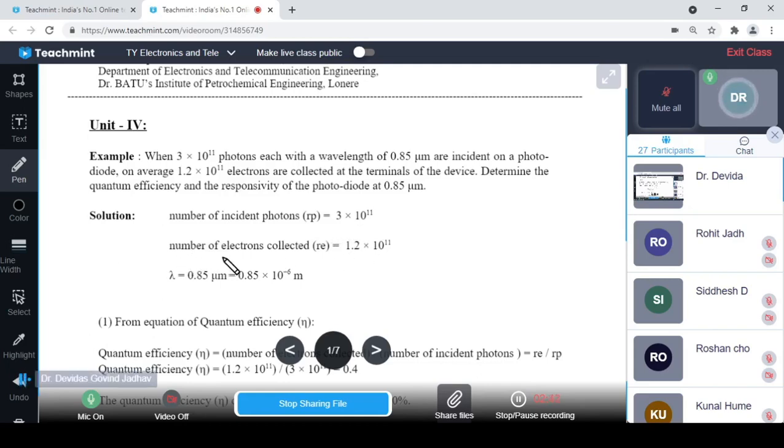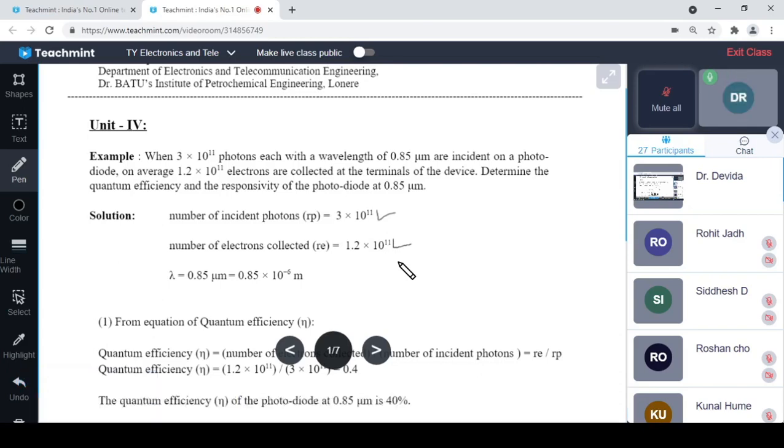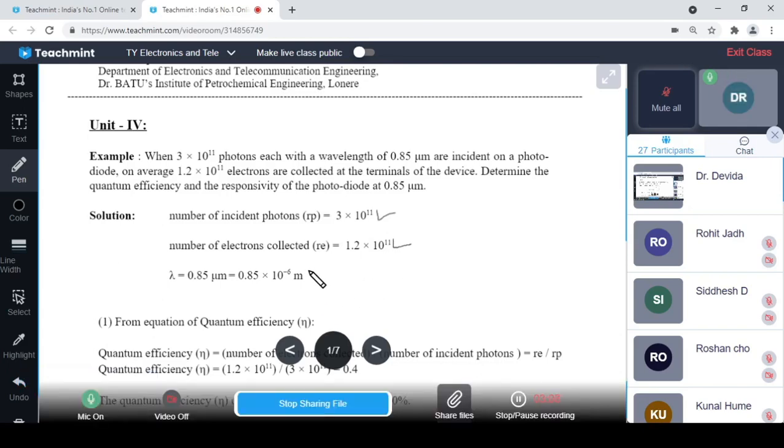Number of electrons collected, RE, is 1.2 into 10 raised to 11. And lambda is equal to 0.85 micrometer.